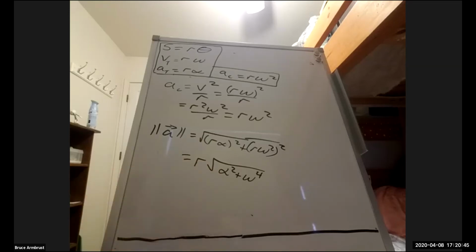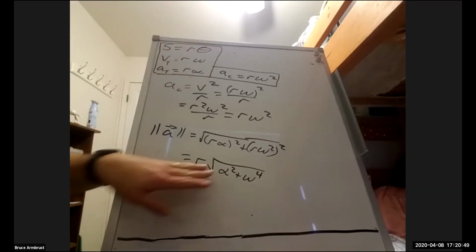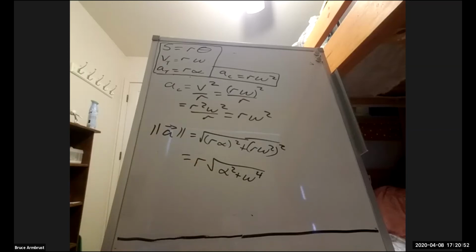So what I've got here in terms of the boxes and this last thing that I computed is really our way of getting out of linear and into rotational, or vice versa. This is the link between those two quantities.